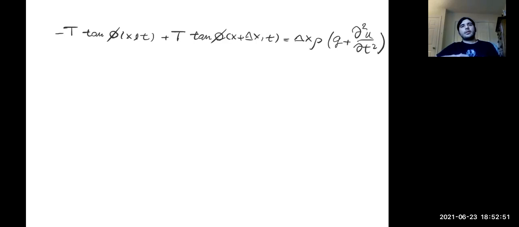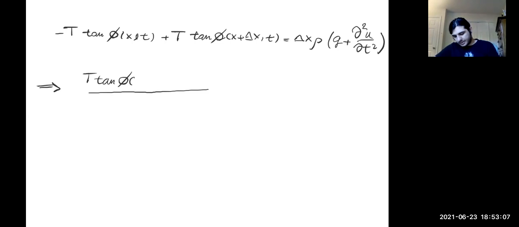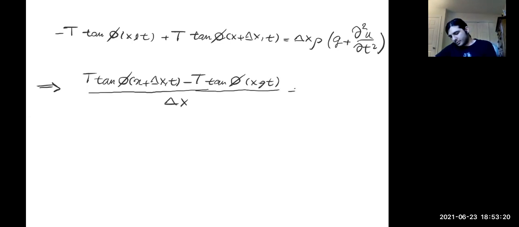Now let's divide everything by delta x. So what we are going to get is T tangent of phi at (x plus delta x, t) minus T tangent of phi at (x, t), over delta x, is equal to rho times g plus the second derivative of u with respect to t, right?